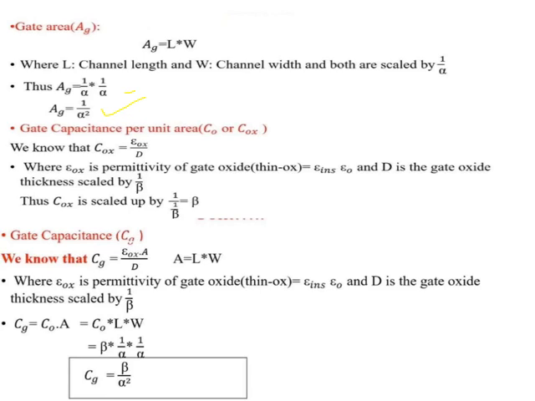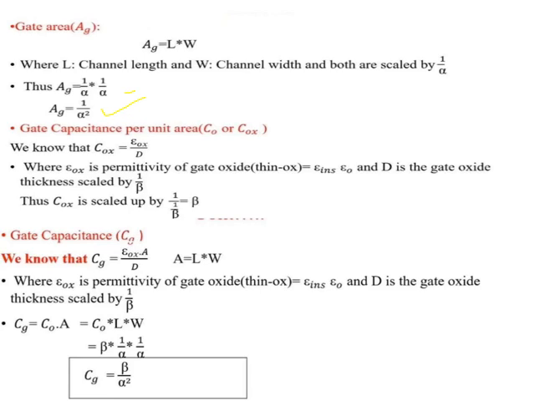As D is scaled by 1 by beta, COX is scaled by a factor of beta. Epsilon OX is a dimensionless quantity.